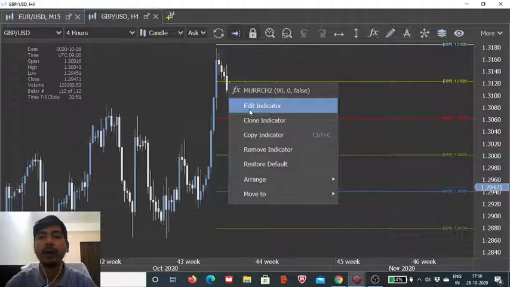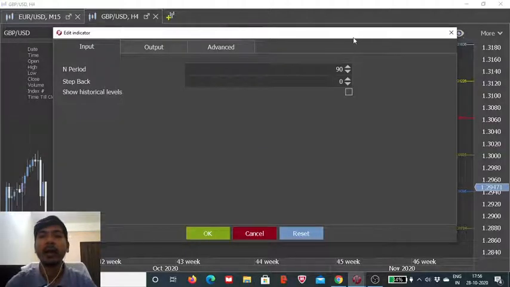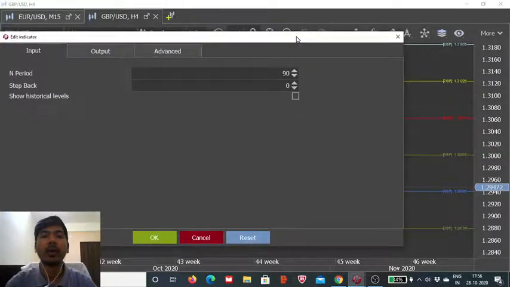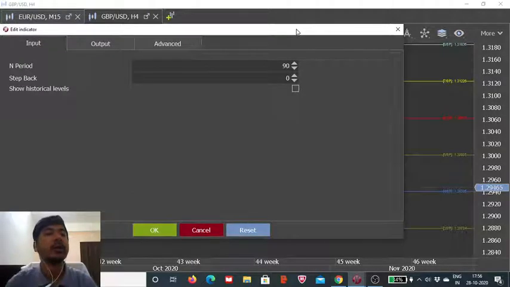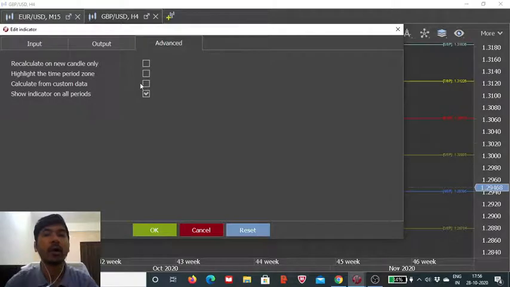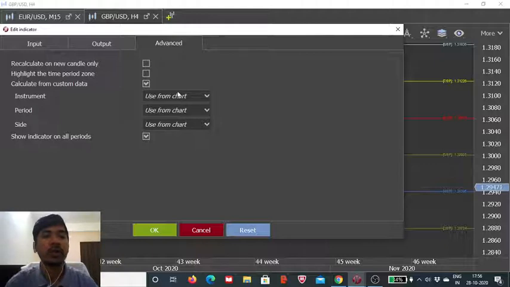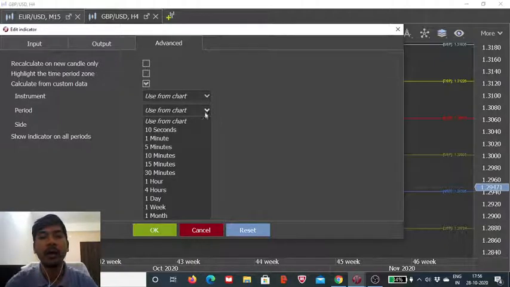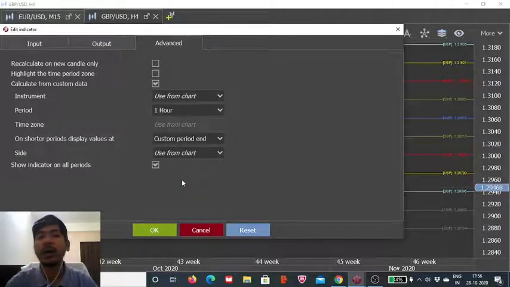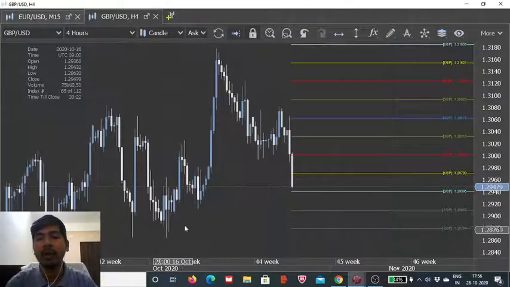Then all you have to do is edit it, and regardless of the time period for the chart, your formation for the Murray's channel will be derived from that time period only. So all we have to do is do the calculation from the custom data, and here you can define it. Suppose now the charting is on the 4 hour, but we want the Murray's channel to be calculated on the hourly time frame, then we can do that.